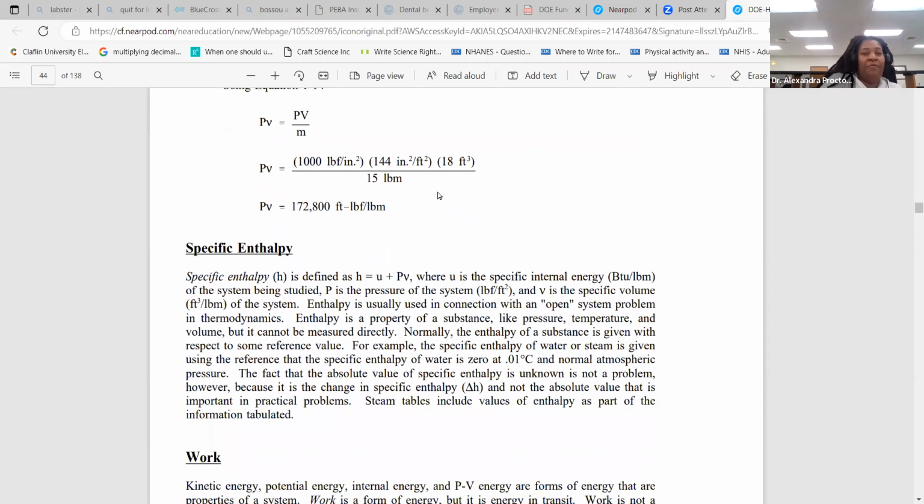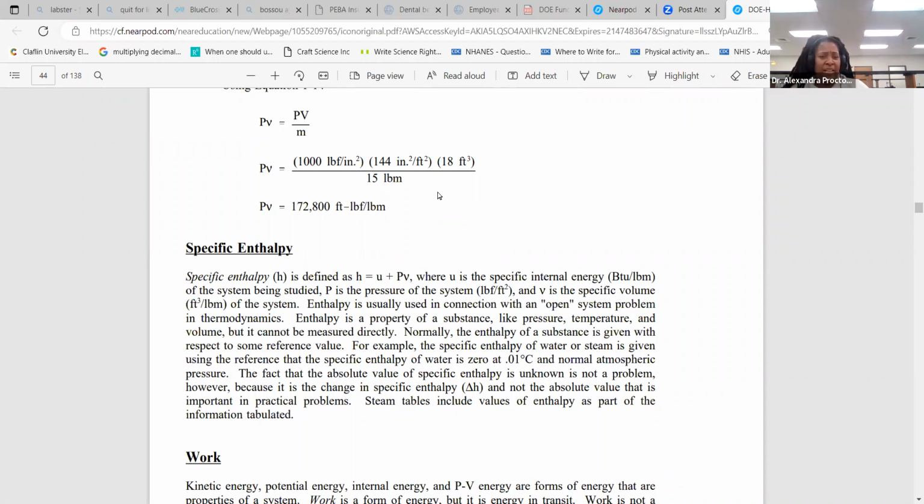And then you have specific enthalpy. Now you've seen this H a few times, so you have to keep it straight. You've seen the H for height, which was actually capital H. Then they talk about height and define it as Z. And now they're using this lowercase h to talk about specific enthalpy.